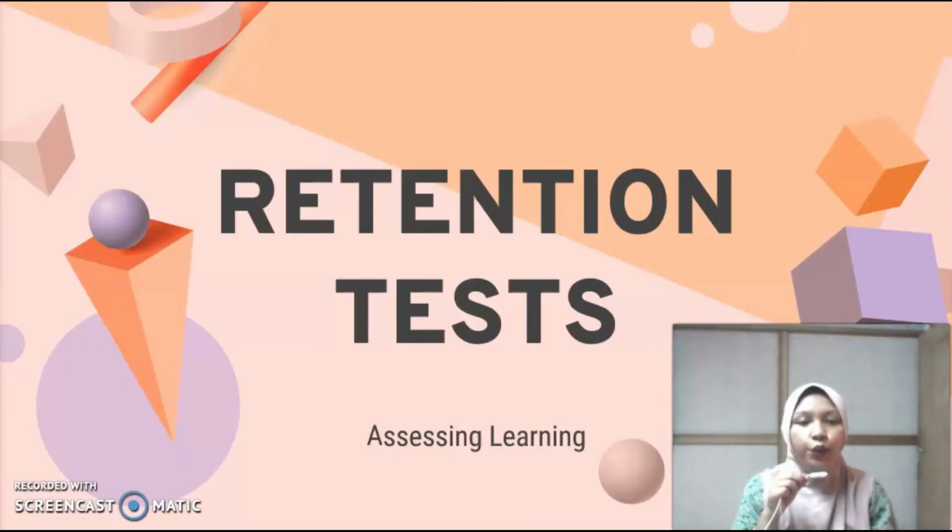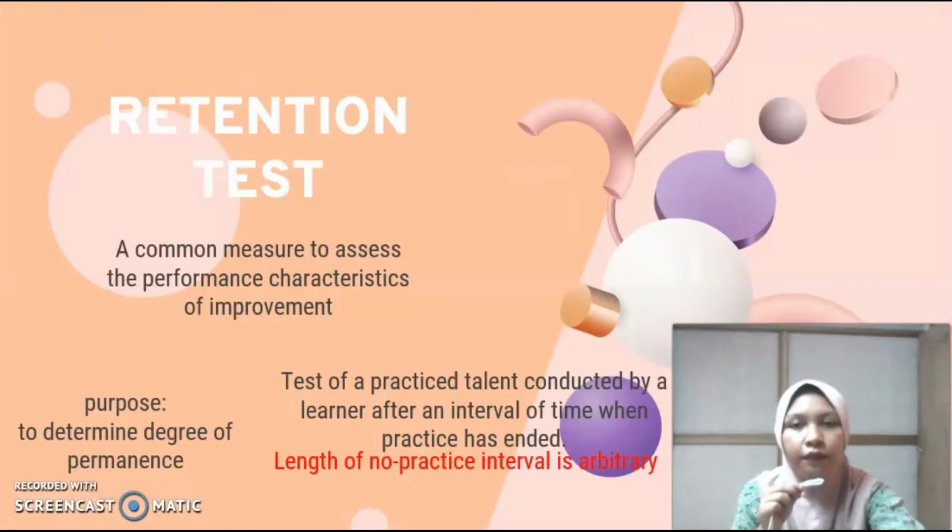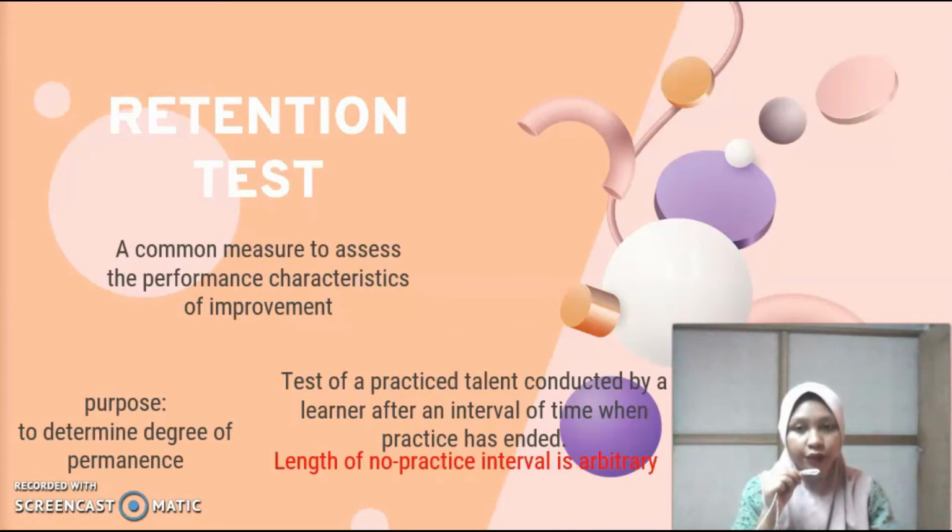Okay, next we continue with assessing learning by several tests, which are the retention test, transfer test, and coordination dynamics. So we move on with the retention test. Retention test is a common measure to assess the performance characteristic of improvement, which we use to measure persistence. It is a test of a practiced skill that a learner performs following an interval of time after practice has ceased, where the length of the no-practice interval is arbitrary.